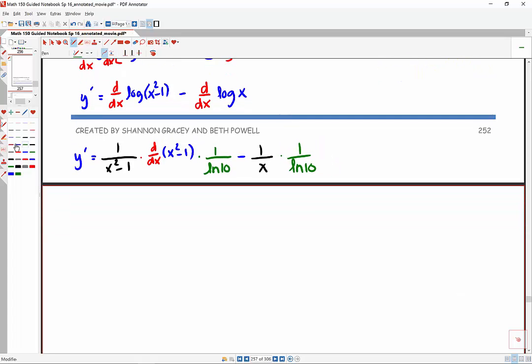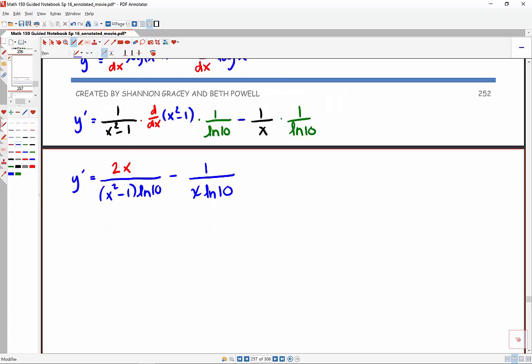Continuing, we will have y prime is equal to the derivative with respect to x of x squared minus 1, which is 2x, and then that'll be over x squared minus 1 times natural log of 10, minus 1 over x times natural log of 10.